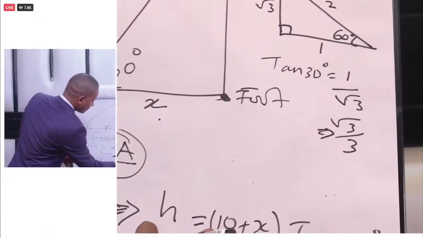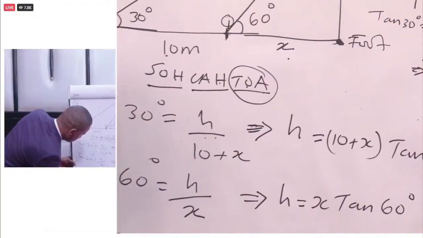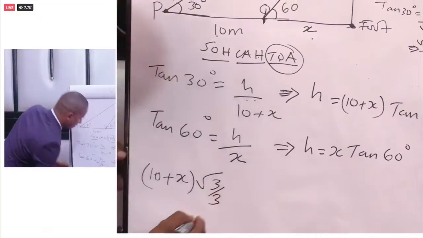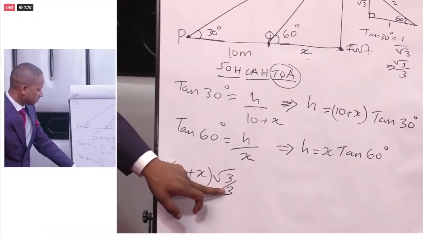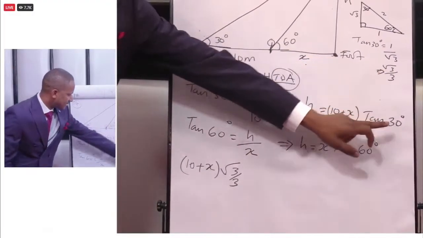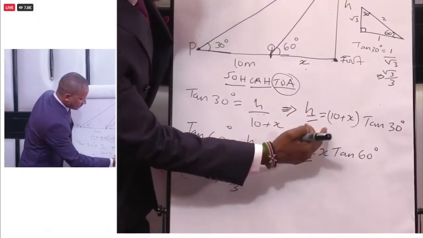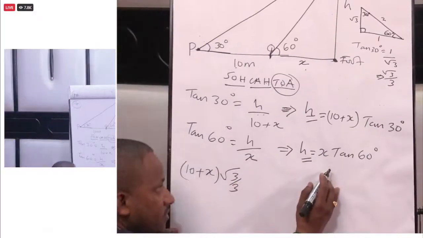So from here, we have 10 plus x, follow me keenly, into root 3 over 3. We've said root 3 over 3 is tan 30. So we want to equate this height to be equal to this height. Therefore, this equation is equal to this equation. So let me equate them first.